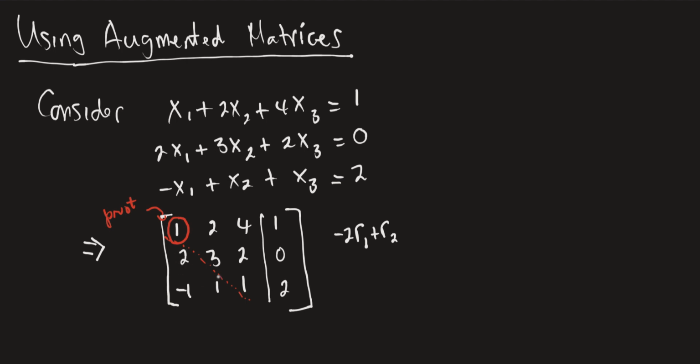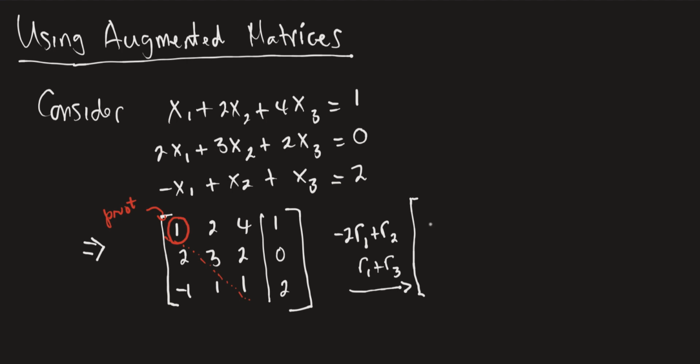Next, all I need to do is add row 1 to row 3, since this entry is just the negative of our pivot. These 2 operations will produce a new augmented matrix, but this is for an equivalent system.